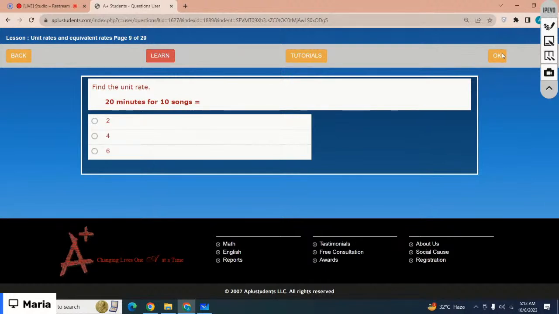The next one is 20 minutes for 10 songs. Which is the correct option? The correct option is 2 minutes for one song.